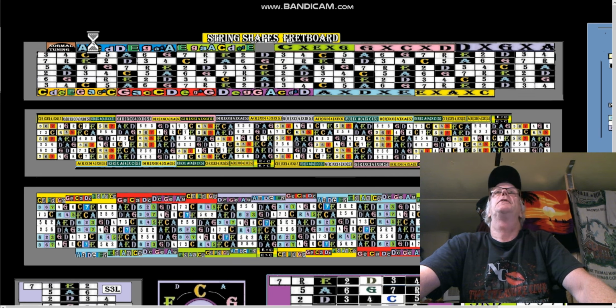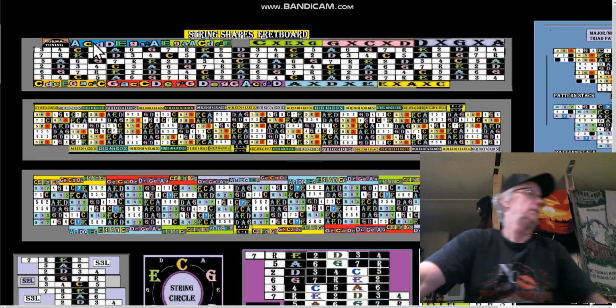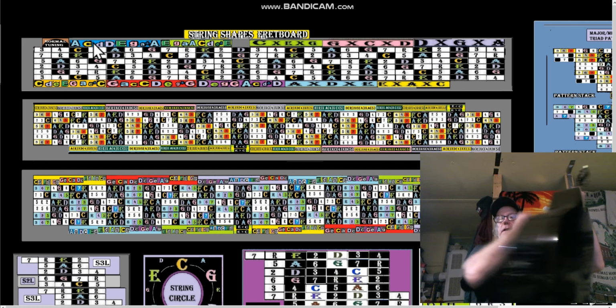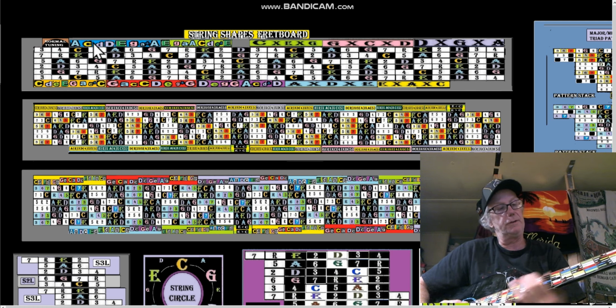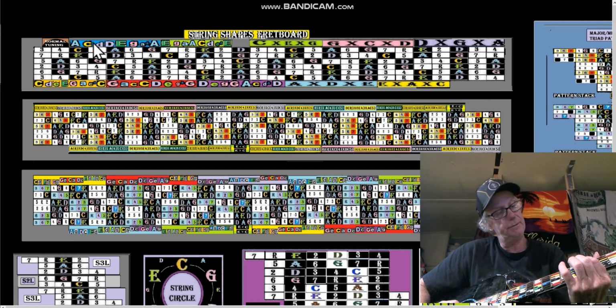Now some instruments don't have that. Some bass instruments just have 4 strings on the bottom, so everything's P4 tuning, so it's easier.